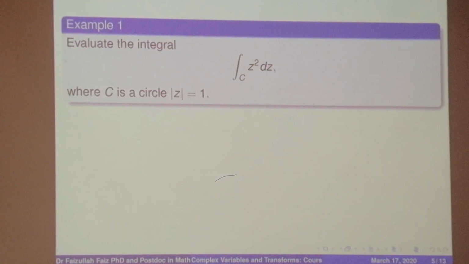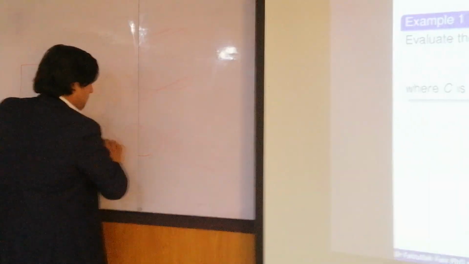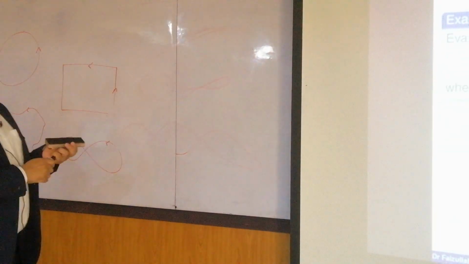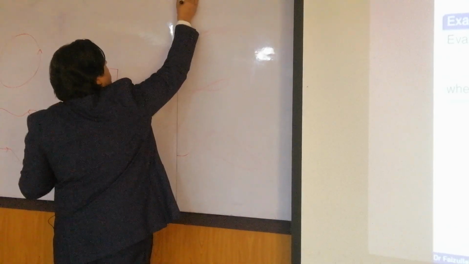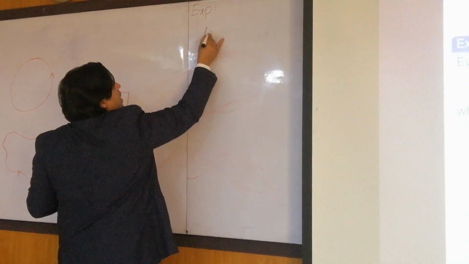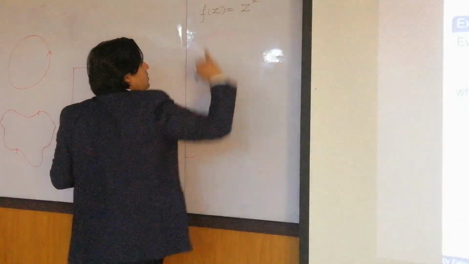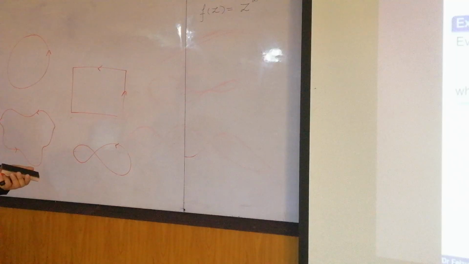So we have to solve the first question, and look at the whiteboard. Now, from the given question, we are given that f of z is equal to z square. And in the question we are given that the curve C is a circle.